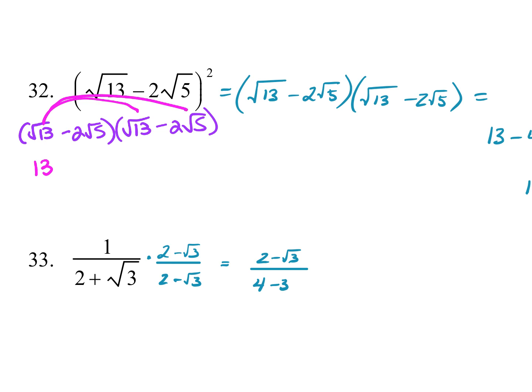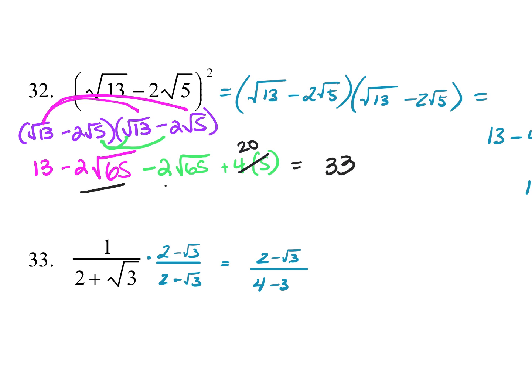Outer, root 13 minus 2 root 5 would be a negative 2 root 65. Inner, negative 2 square root 65. And last, positive 4 root 5 times root 5, so just 5. So this becomes 20. And then I can do 13 plus 20, which is 33.